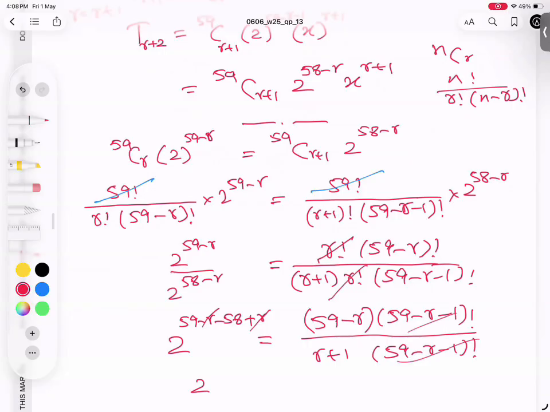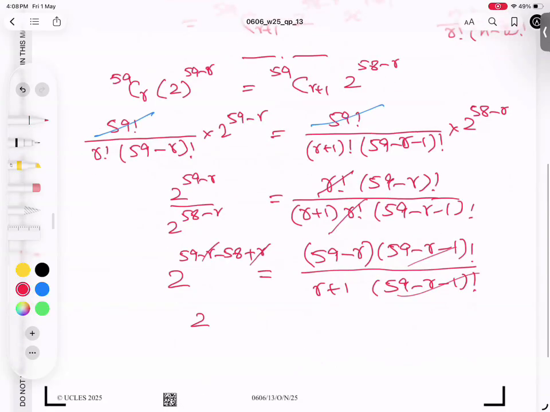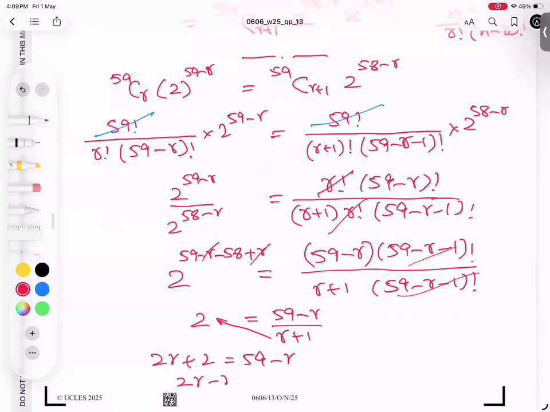Okay, if we look carefully, students, we have now ultimately 59 minus r in the numerator and r plus 1 down. Now, students, I can solve it by cross multiplying. So 2r plus 2 equals 59 minus r. R will come to this side, so 2r plus r, and 59 minus 2.